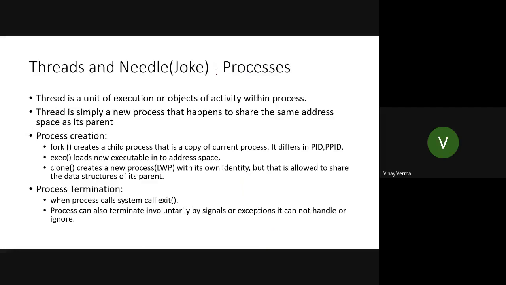Thread and kernel. There is nothing like kernel thread in this, so instead there are threads and processes. Okay, let's just complete this one. A thread is the unit of execution or object activity within a process. So let's just talk about that summing of numbers.